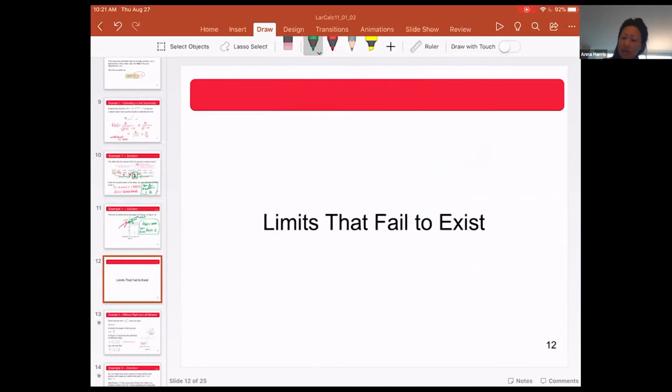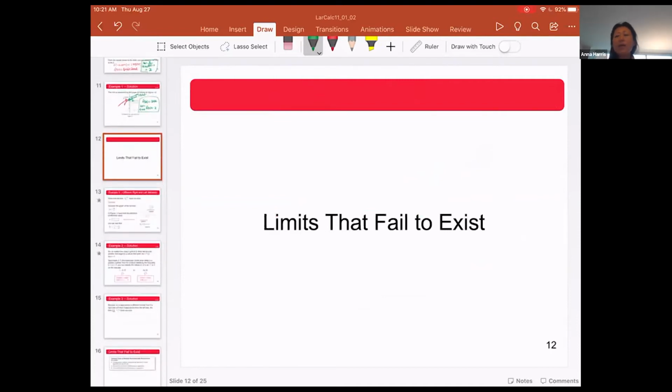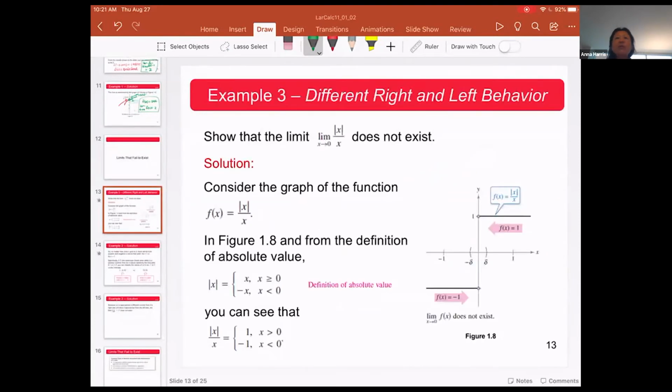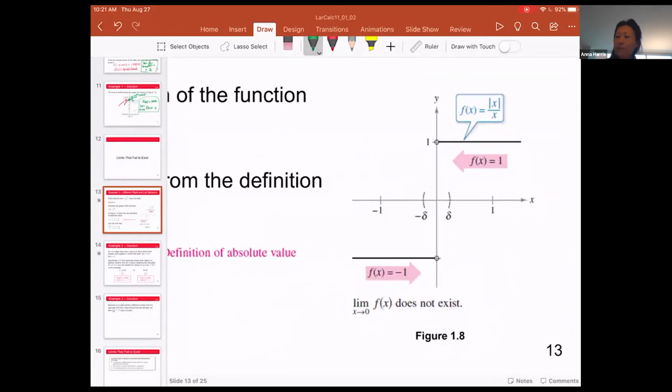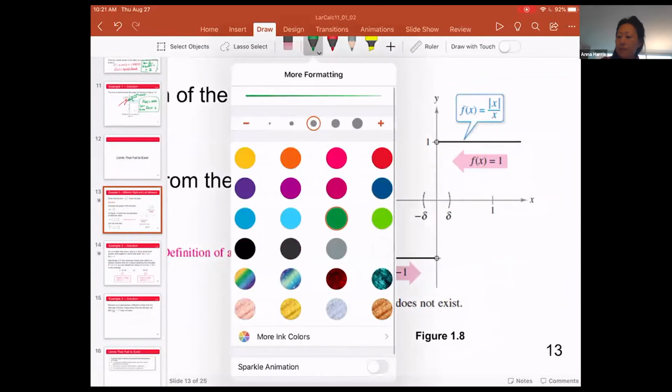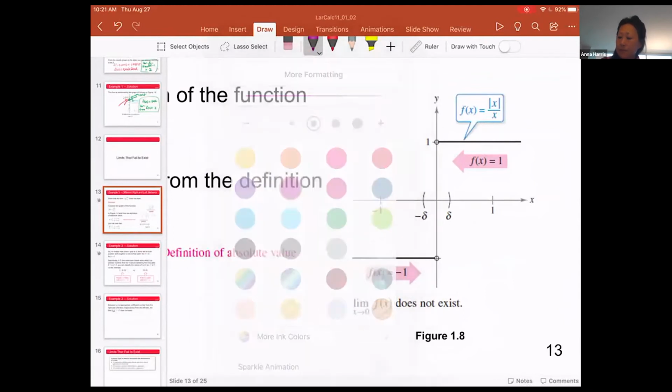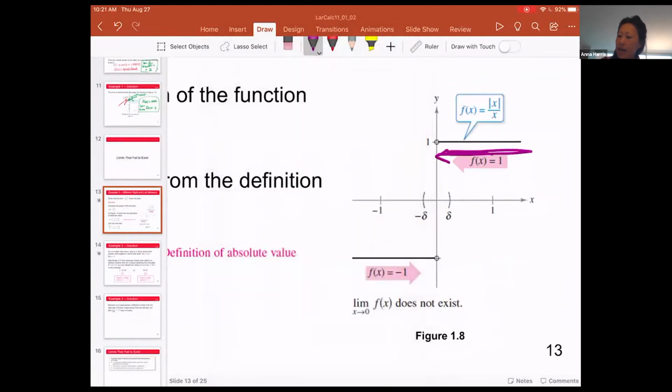Okay, all right, so let's see about the limit that fails to exist. The limit does not exist if the left-hand side and the right-hand side do not meet. Look at this graph. From the right-hand side, it approaches 1. But look at my left-hand side.